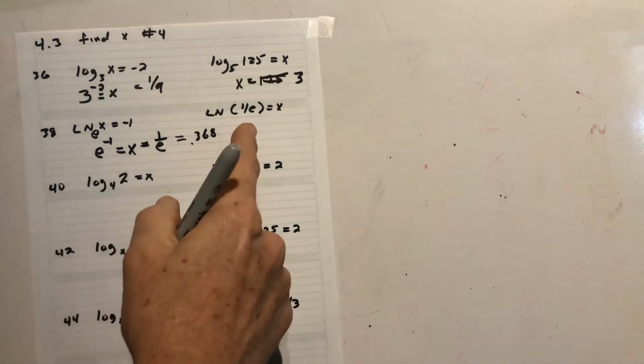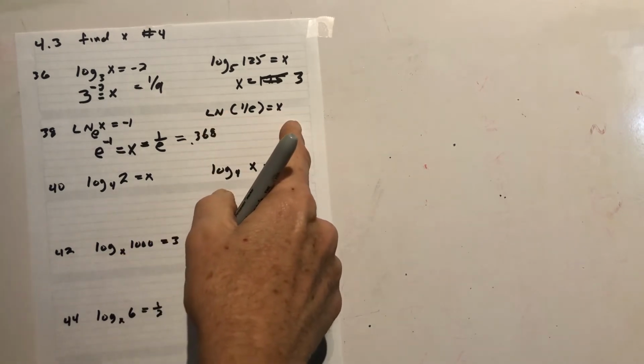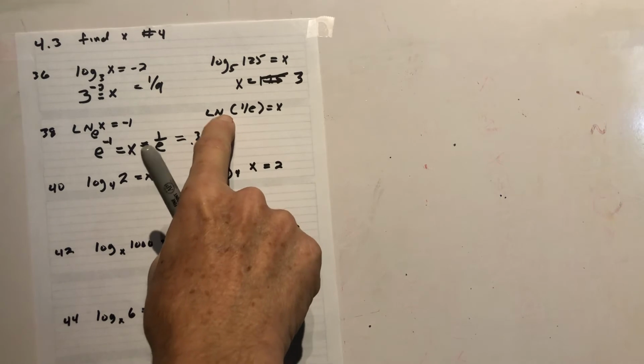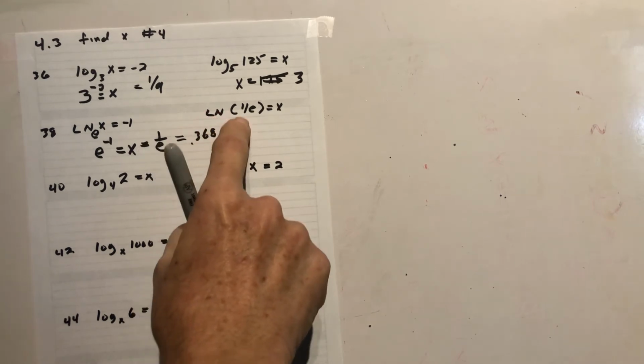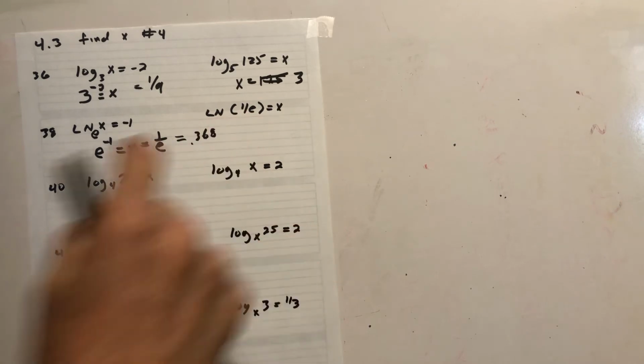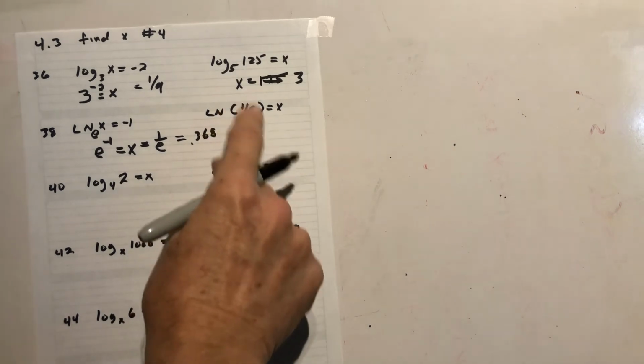All right, the next problem's over here. The x is here, so this can be done on the calculator. What's our base? E, but to do it on the calculator, you hit the ln button, and then you put 1 over e. But before you do it, let's make a guess. How many e's does it take to get 1 over e?